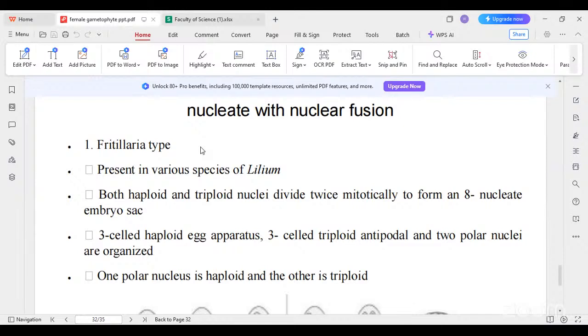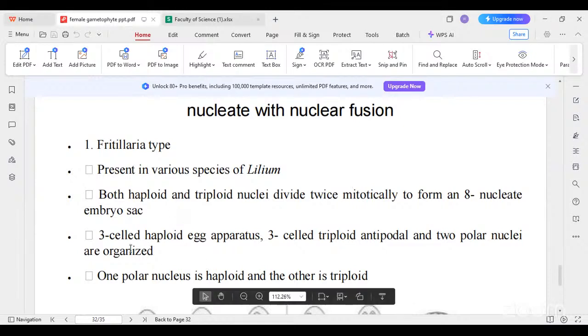embryo sac can be observed. Here, both haploid and triploid nuclei divide twice mitotically to form the 8 nucleate embryo sac.